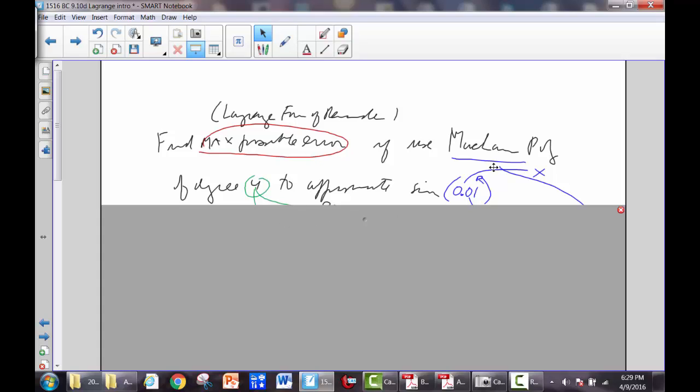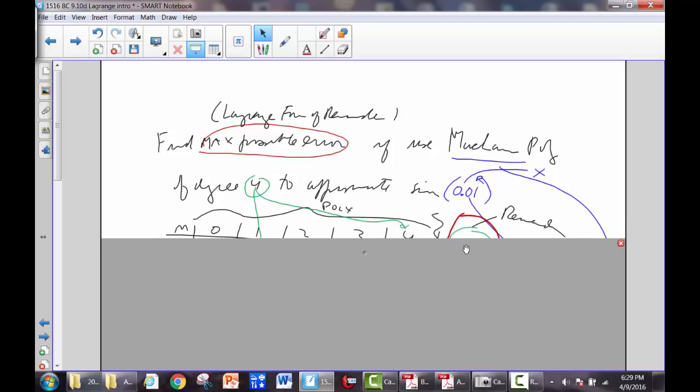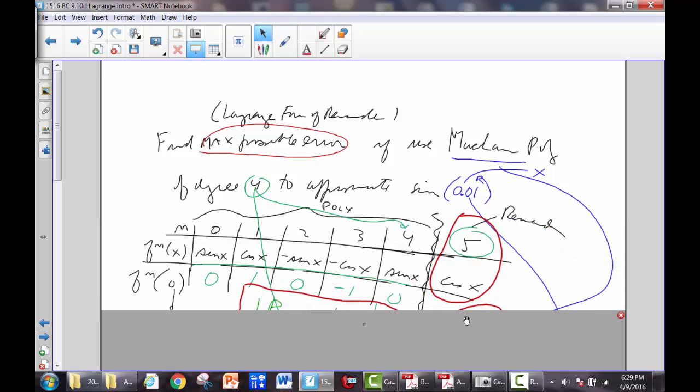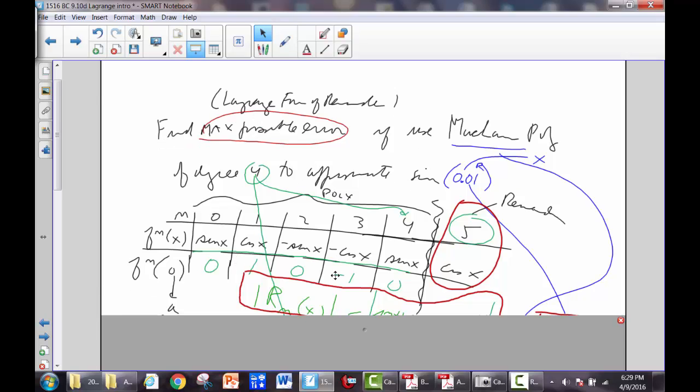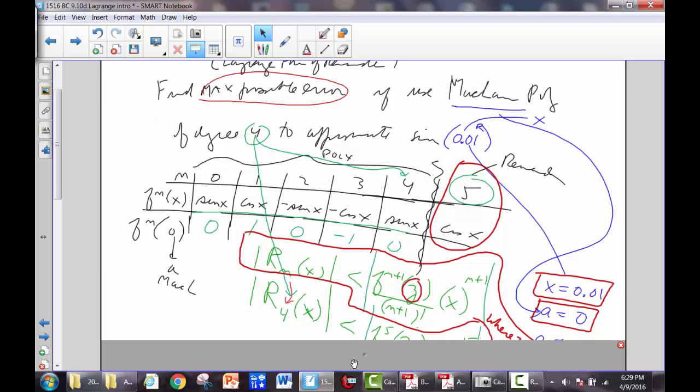Okay, so here's an example. Find the maximum possible error if you use a Maclaurin polynomial of degree 4 to approximate the sine of 0.001. Sorry, 0.01. So obviously the number it's close to is 0, right? So our x is 0.01, our a is 0. So here's our formula, although you already know that formula, okay?